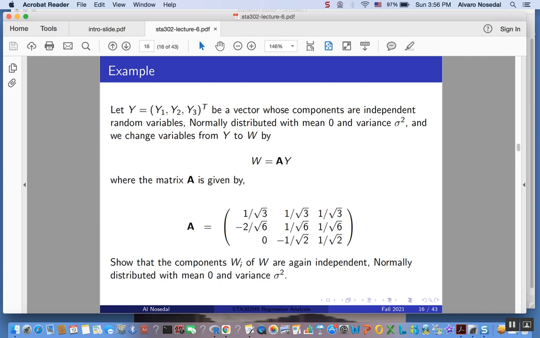Okay. So, in this particular example, we have a random vector with 3 components, y1, y2, y3. The conditions of the orthogonality theorem hold. That is, these components have a normal distribution with mean 0 and variance sigma square.